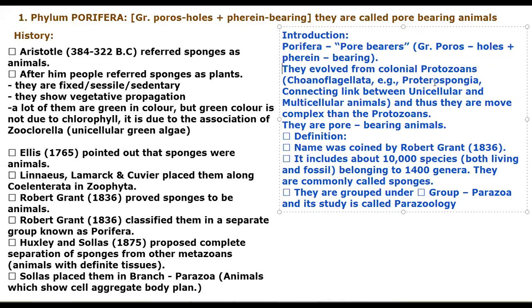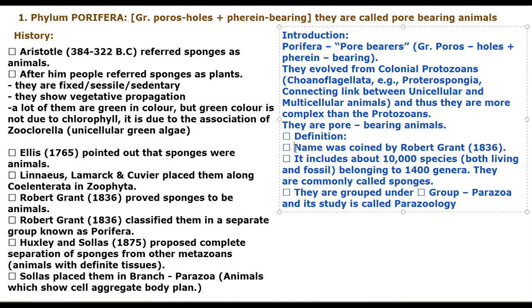The example is Proterospongia, and we refer to them as a connecting link between unicellular and multicellular animals. These colonial protozoans are more complex than protozoans. So that is why they are called pore-bearing animals.